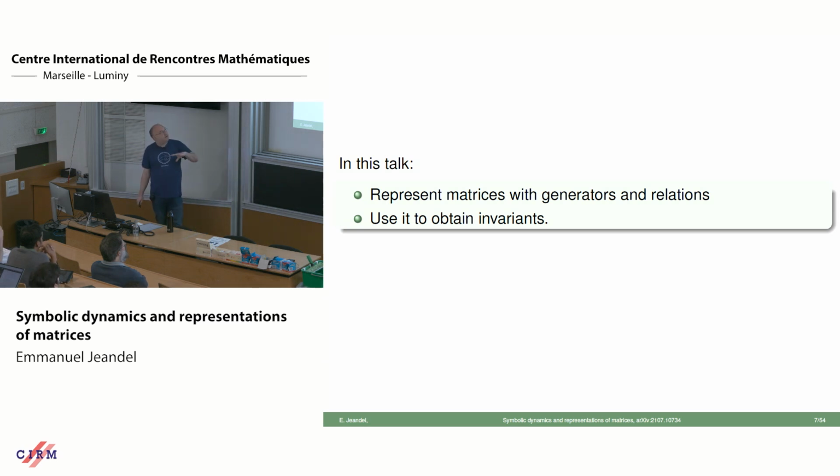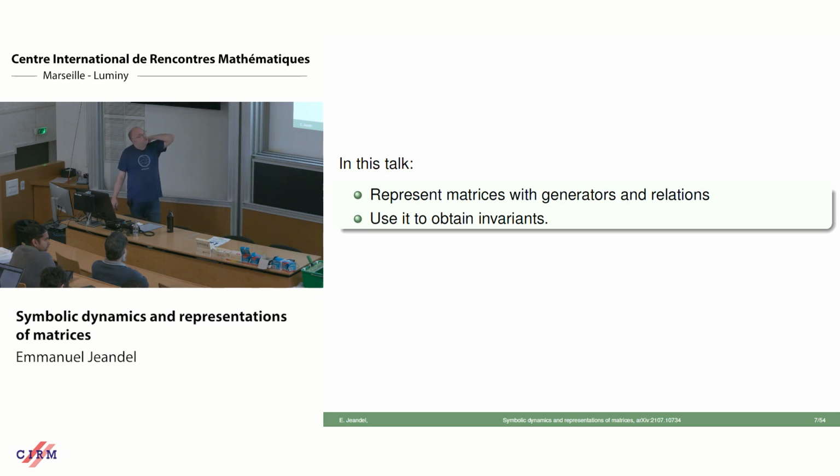And once I have done that, we will see how I can use this representation to change the problem into a problem of pictures and equivalence of two pictures, and how I can use that to obtain invariants, so conjugacy invariants.